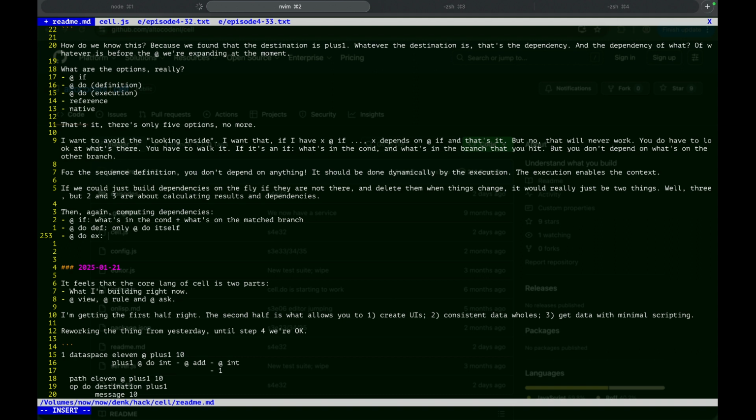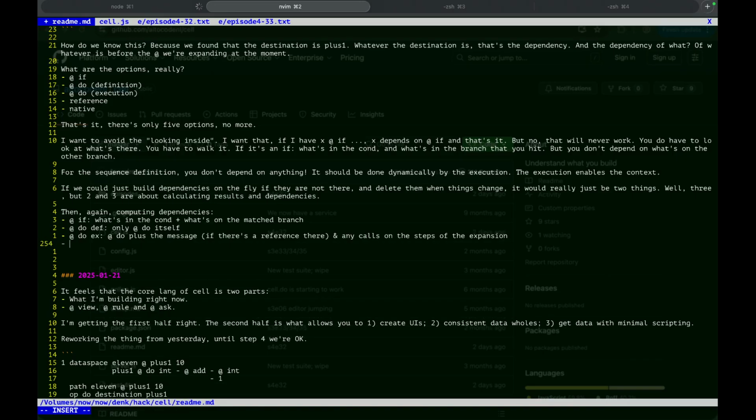Execution at do plus the message, if there's a reference there, any calls on the steps of the expansion. I have an idea, let me not forget it.